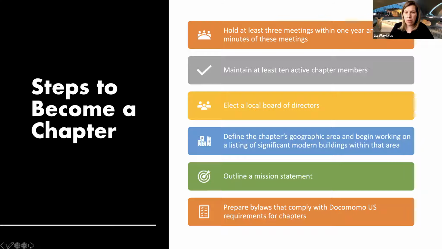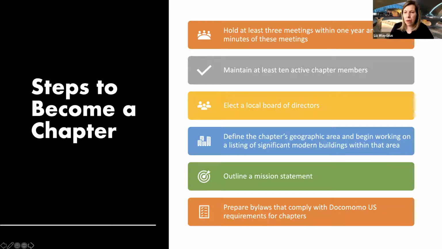And more recently, that's really how starting a chapter really works. We have a few people who really want to do this and they need some support, and we work together to make that happen. So all of that pressure would not be on you.